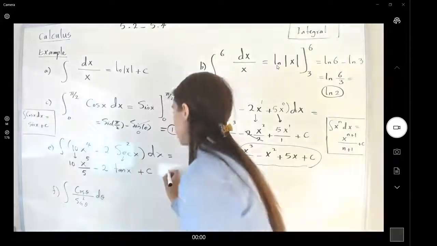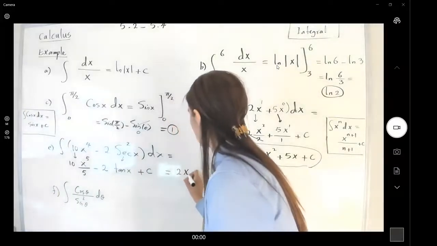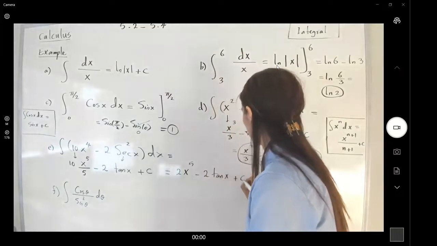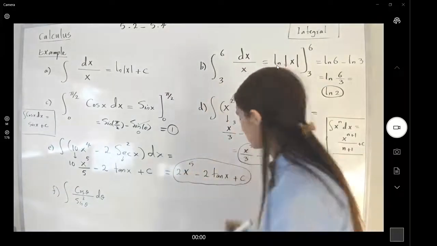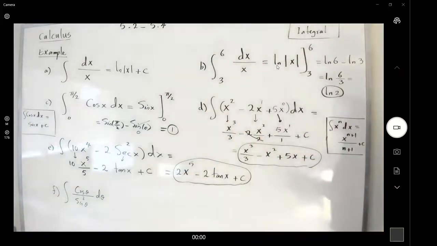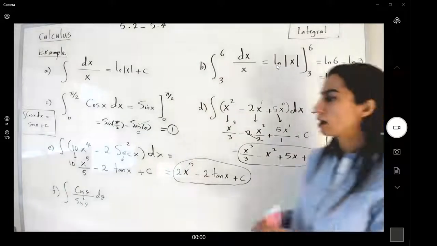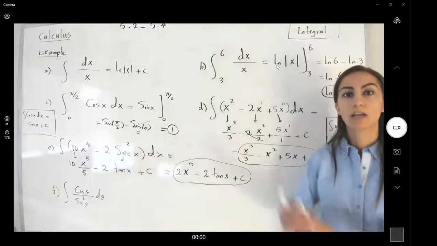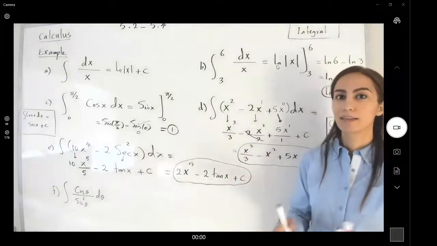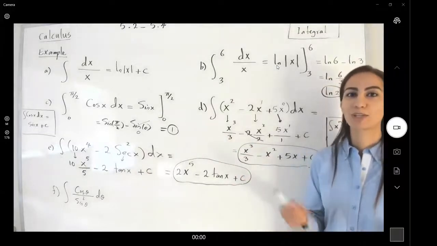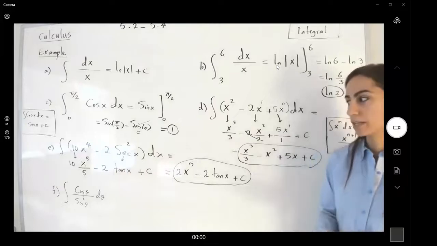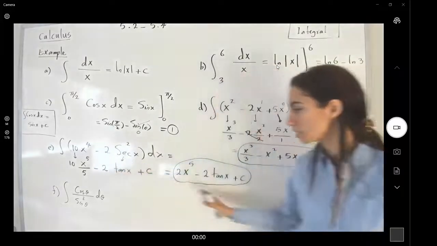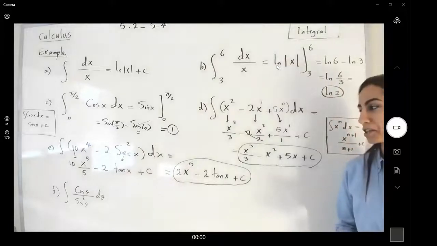You can simplify this, of course. So you get 2x to the 5th minus 2 times tangent of x plus c. So as you can see, as long as you know the integral of secant squared equals tangent of x, you don't have to apply the fundamental theorem of calculus to make sure that is the correct integral. So the integral of secant squared is equal to tangent, and we just copy it down here.